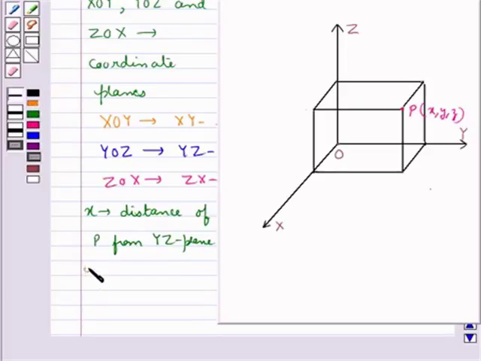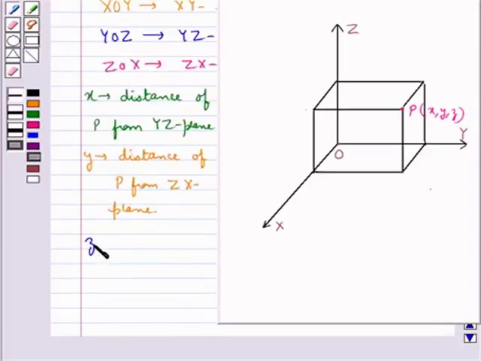Then y is the distance of P from ZX plane and z is the distance of P from XY plane. Coordinates of the origin O are always 0, 0, 0.